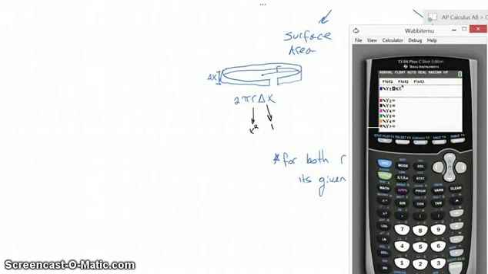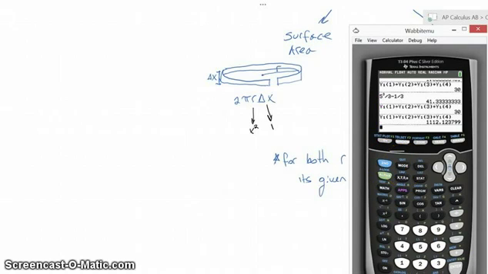It'll be 2 pi x squared times delta x, which is 1. So we have that. We can go back to the home screen, get our expression again. And now we see it's about 188.5.